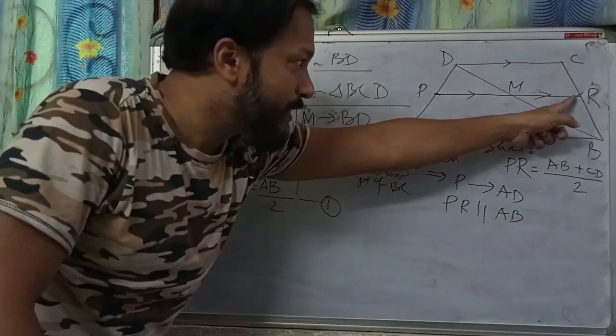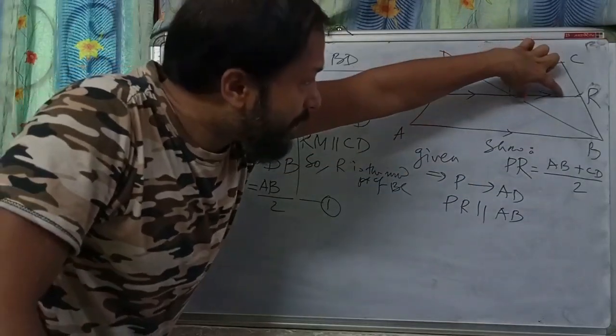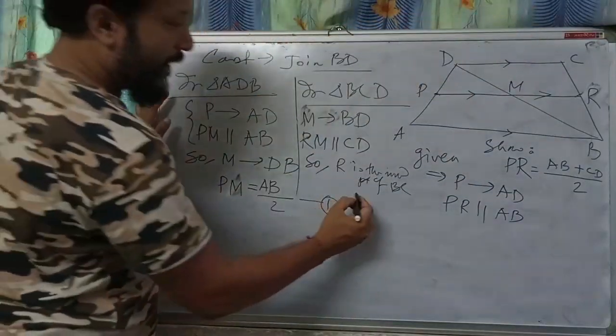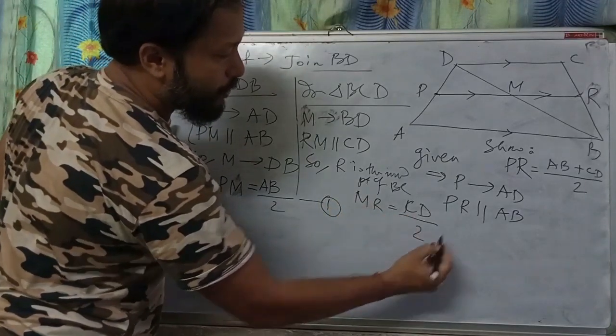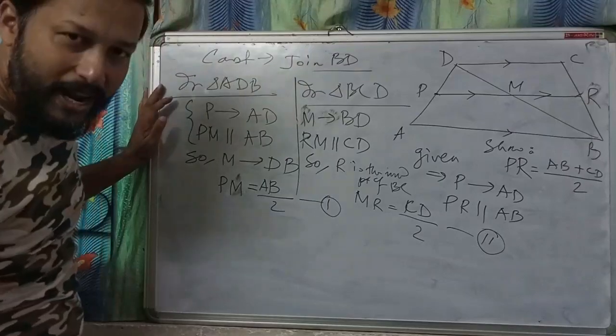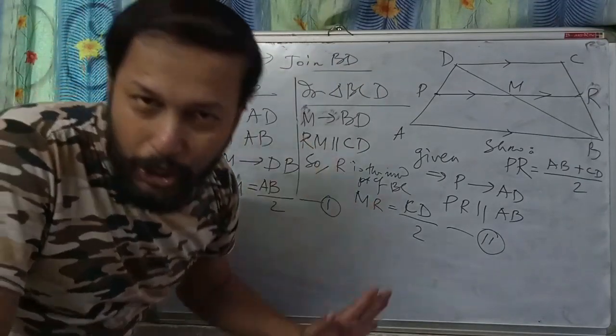Yes, R is the midpoint of BC, and also I can write by using the midpoint theorem that MR is half of CD. MR is CD by 2. This is equation number 2. Okay. These two things are the same by using the midpoint theorem.